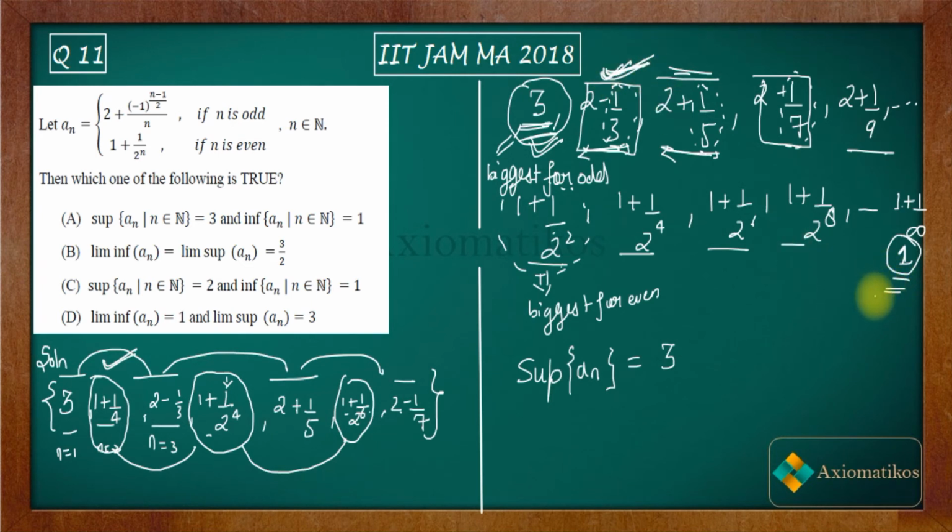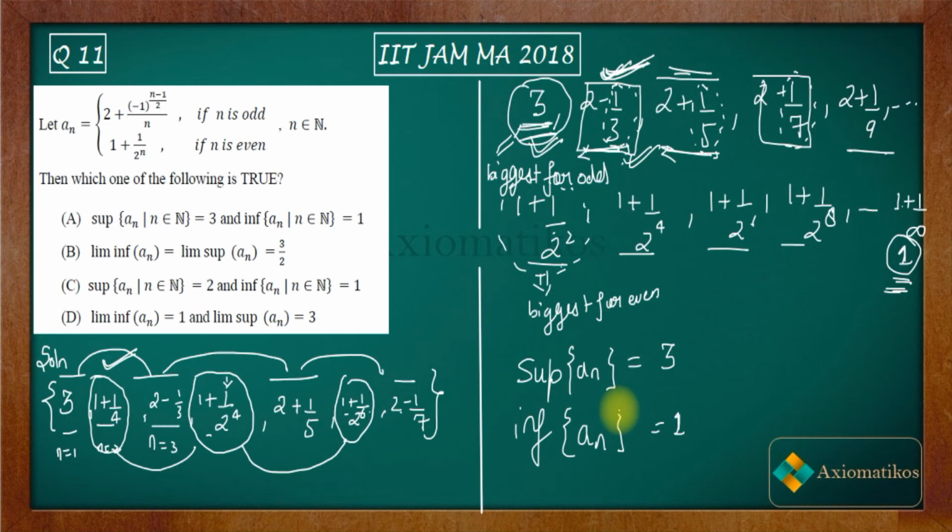So since this number is bigger than this number, you can say that infimum of an is 1. Are you getting my point? So by just writing your sequence explicitly, and after doing a little bit of logic on this, you can easily find out that supremum of an is 3 and infimum of an is 1.